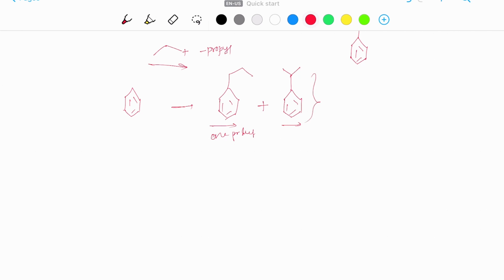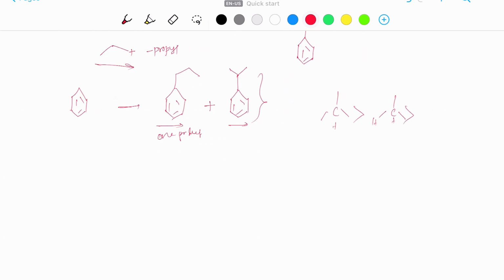As I mentioned before, the stability of carbocation is like the following: a tertiary carbocation is more stable than a secondary carbocation, which is more stable than our primary carbocation.